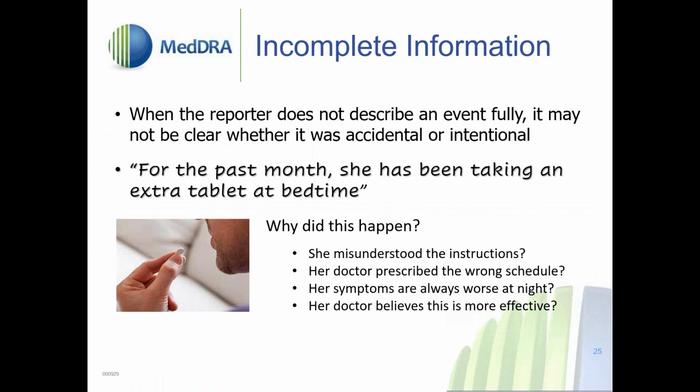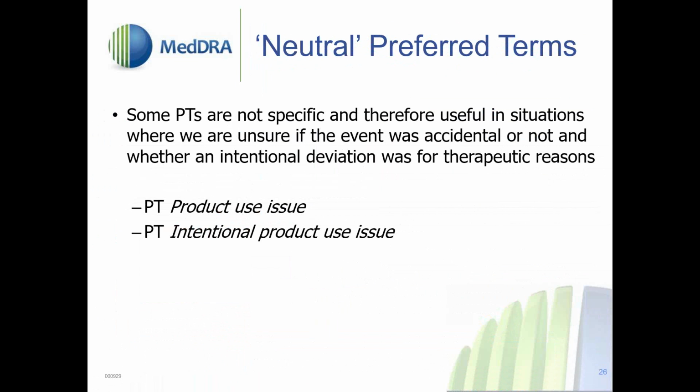So what can be done when getting similar reports for coding purposes and when no further information can be obtained? Now, for coding such scenarios, MedDRA contains very vague, very general, non-specific PTs. If it's not clear whether an event happened by mistake or intentionally, a suitable LLT under the PT product use issue can be used.